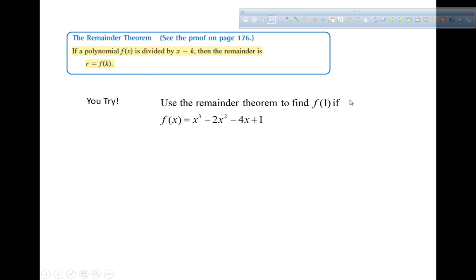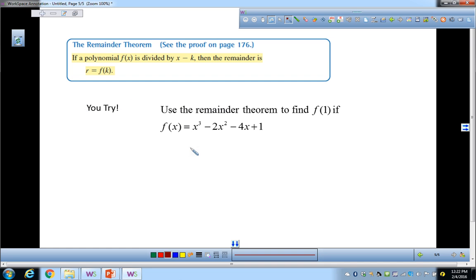Use the remainder theorem to find f of 1. First we're just going to use synthetic division to find f of 1. Then we're going to use the remainder theorem to find f of 1. So if I use synthetic division and 1 is a factor, I'm going to go 1, -2. I just want to show you this fast. -4 and 1, right?